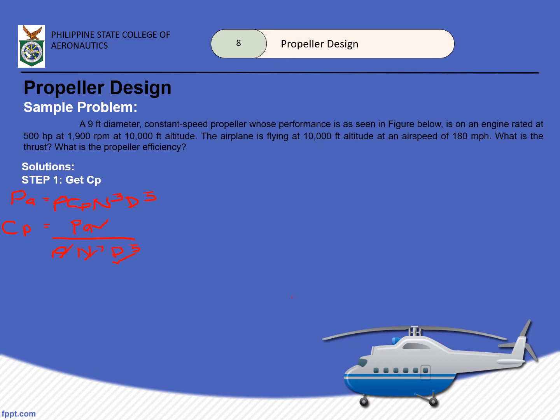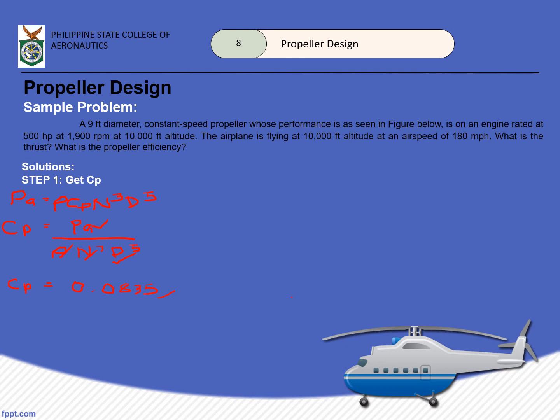So, try to follow the discussion. You can use your calculator. It's actually better if you follow along, so you also have scratch work. So, we would be getting our CP as 0.0835.